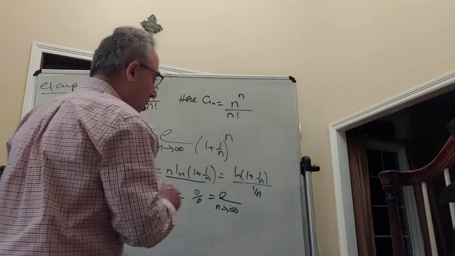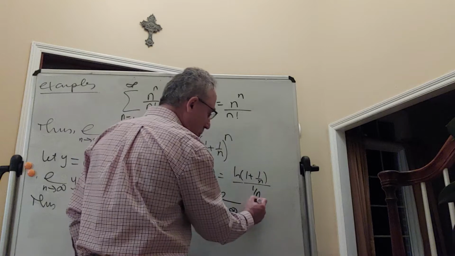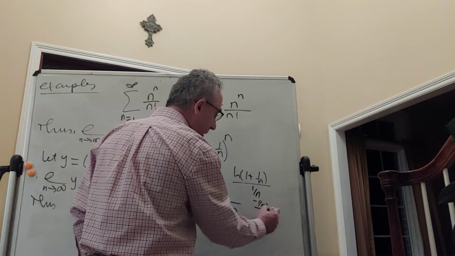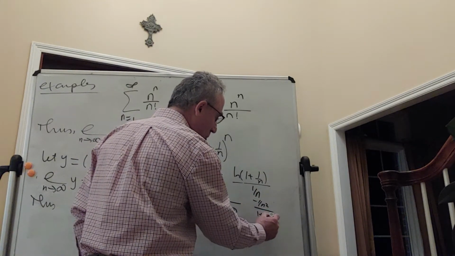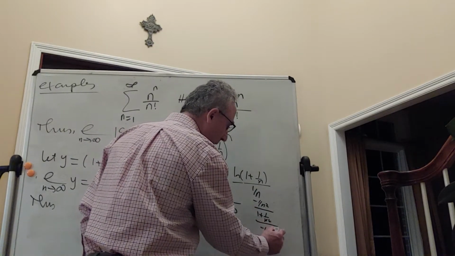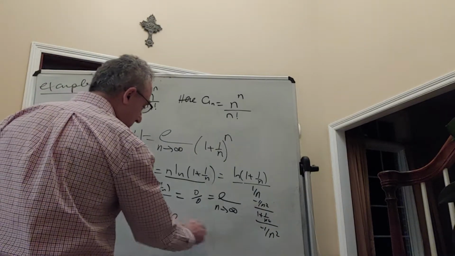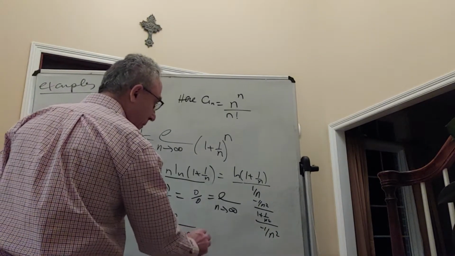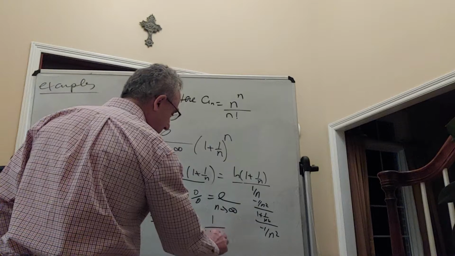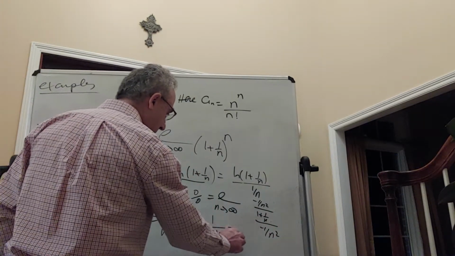Okay, so the derivative of ln will be minus 1 over n squared over 1 plus 1 over n, over minus 1 over n squared. And so this is the limit as n goes to infinity of 1 over 1 plus 1 over n, and that is 1.